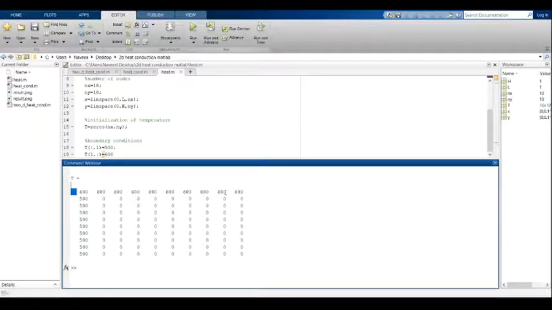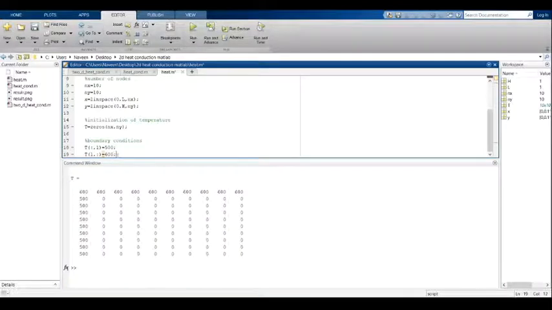Top is 600 and the first column is 500, which is left, and the rightmost, all the rows, is about 700.